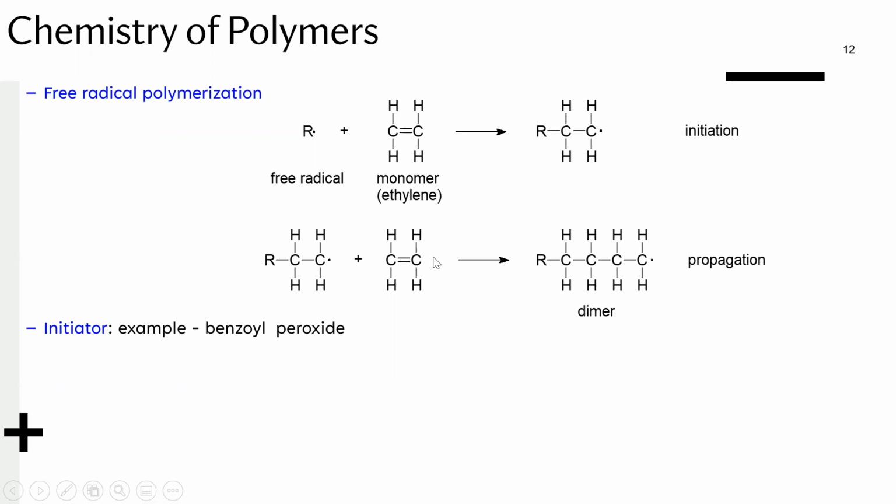This chain reaction continues, and more monomers are added to this main backbone chain, and the reaction continues until it's terminated. Now, this reaction could be terminated in many ways, but the main point is that you have no control over what the length of these molecules are. So you can have a distribution of chain lengths, all the way from very small molecules to larger ones.